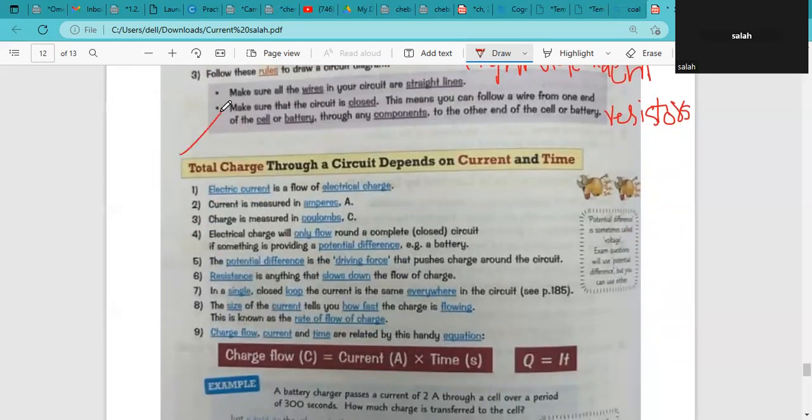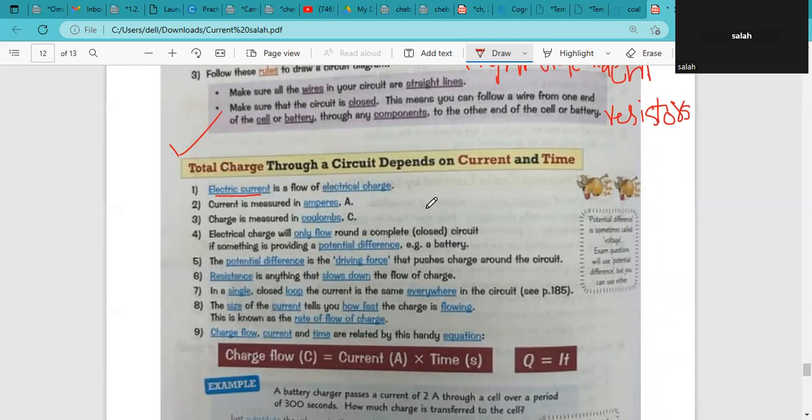Now let's start with the first topic. We will go through this chapter starting from the basic topic, which is electric current. And what is electric current, Salah? Electric current is the current flowing through a circuit.